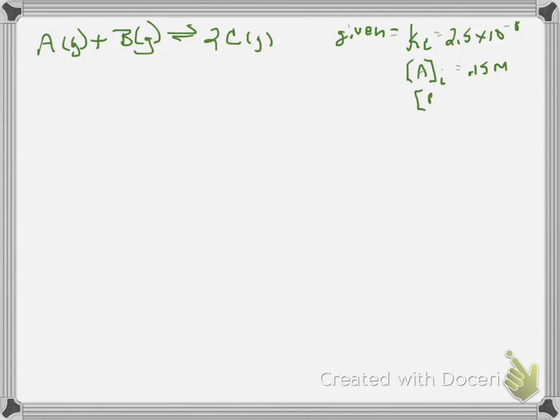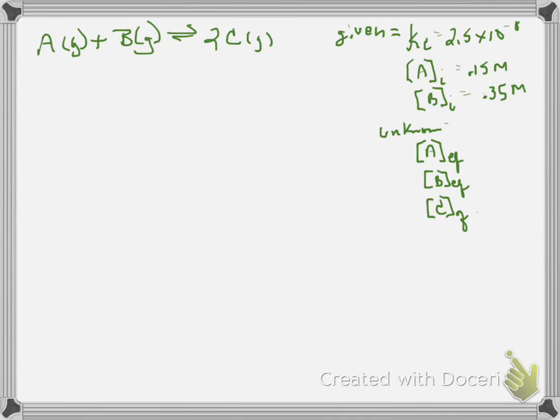We have the concentration of B initially being 0.35 molar. And we are asked to find the concentrations of A, B, and C at equilibrium. So the unknown is the concentration of A at equilibrium, the concentration of B at equilibrium, and the concentration of C at equilibrium.